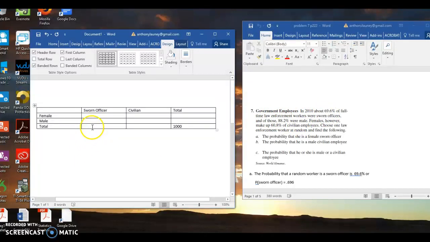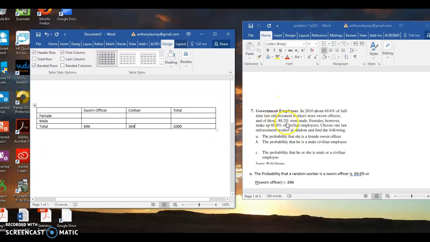So right over here under the sworn officers column, it doesn't tell us male or female, but 69.6% of 1,000 is 696. That would make the number of civilians 304.